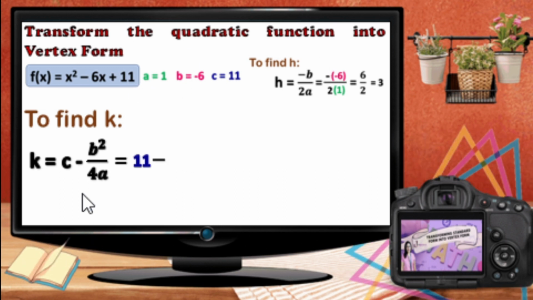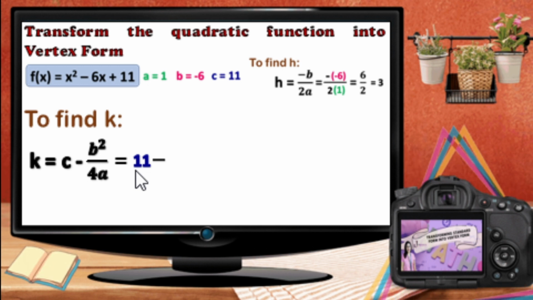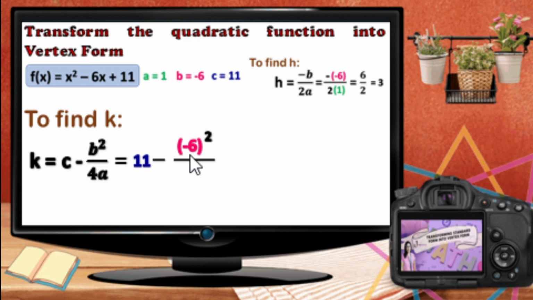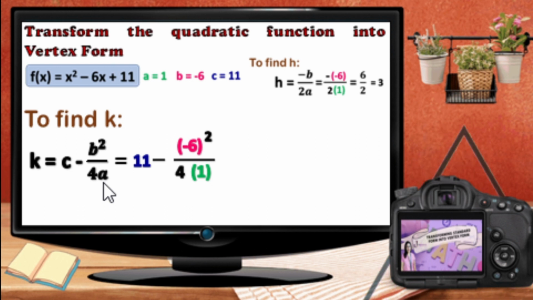We have 11, since 11 is the value of c. And then minus b squared. The value of b is negative 6, squared over 4, which is in our formula. And then we substitute the value of a, which is 1.